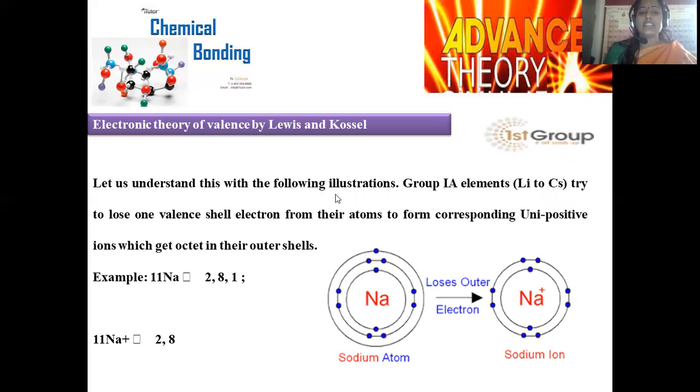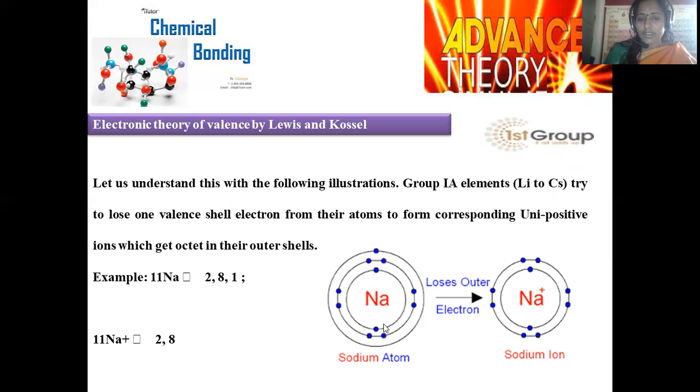Then they will get stability. Now, let us understand the following illustration by taking a first A group element, either lithium or, moving down, up to cesium. Any one of the alkali metals, all these first group elements, have a strong tendency to lose one electron to attain a unipositive charge, because only one electron will be lost here.